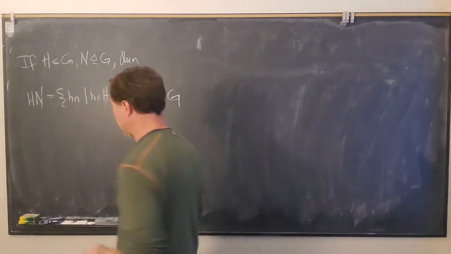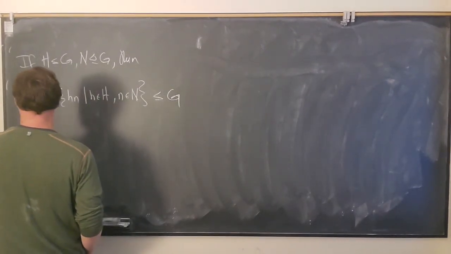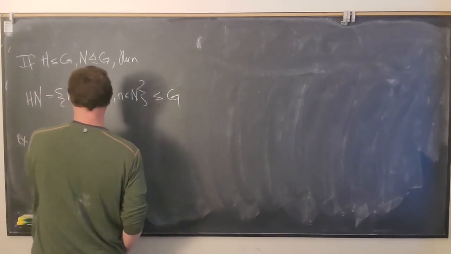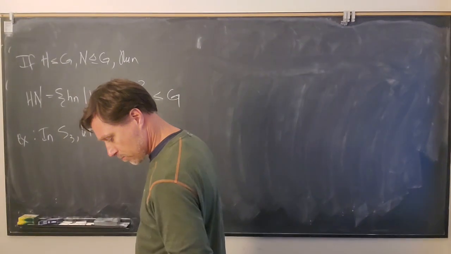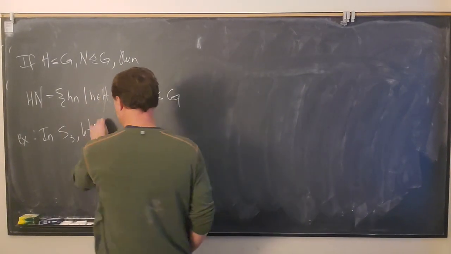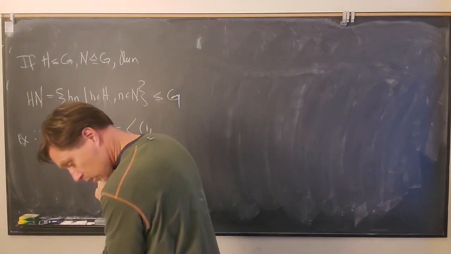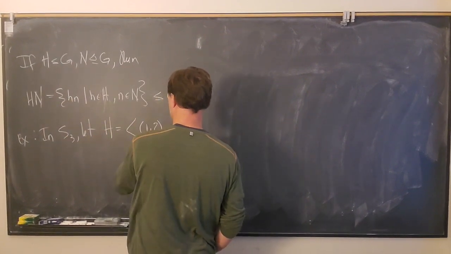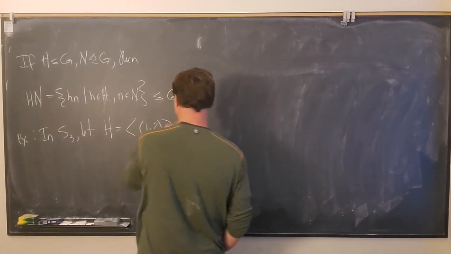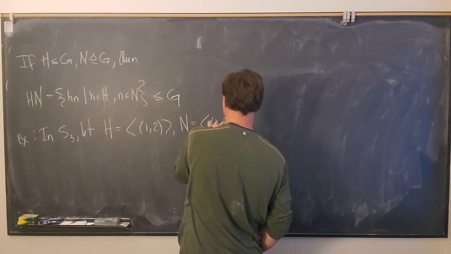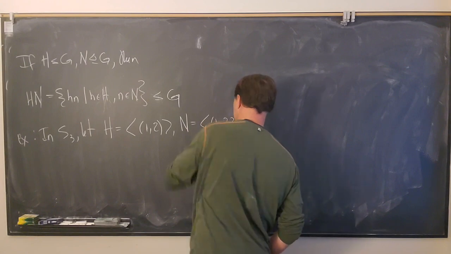So for example, in S3, let's call capital H the subgroup generated by (1 2), and N is going to be the subgroup generated by (1 2 3).